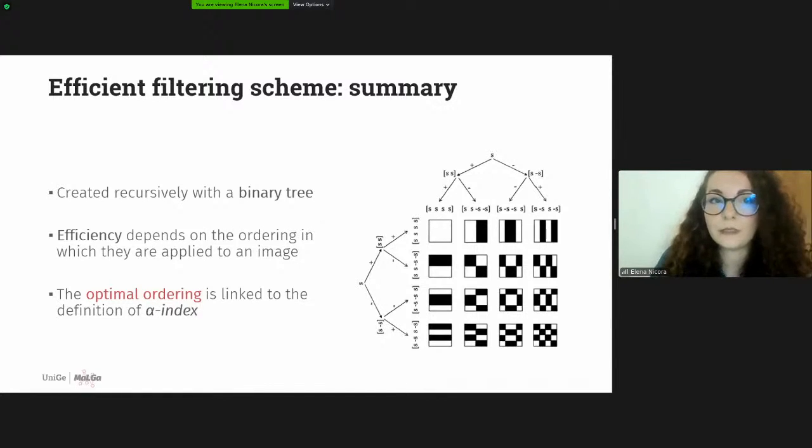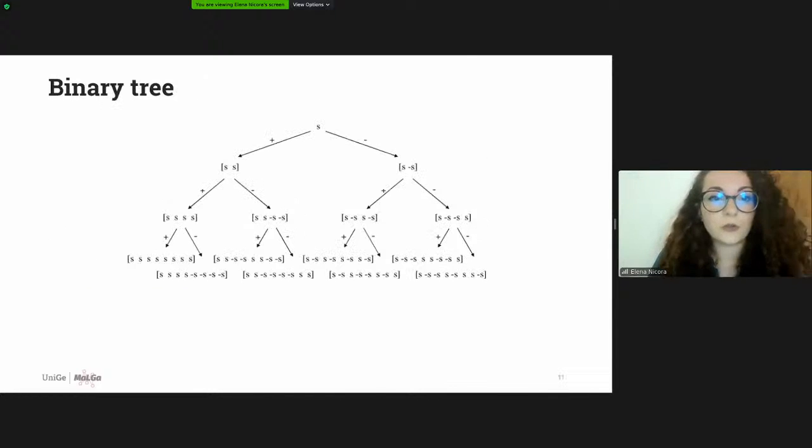Let's dive in deeper with this efficient filtering scheme. The main point is that the Gray Code kernel family can be created recursively with a binary tree. The efficiency depends on the ordering in which they are applied to an image, and this optimal ordering is linked to the definition of alpha index. So here we can see our binary tree.